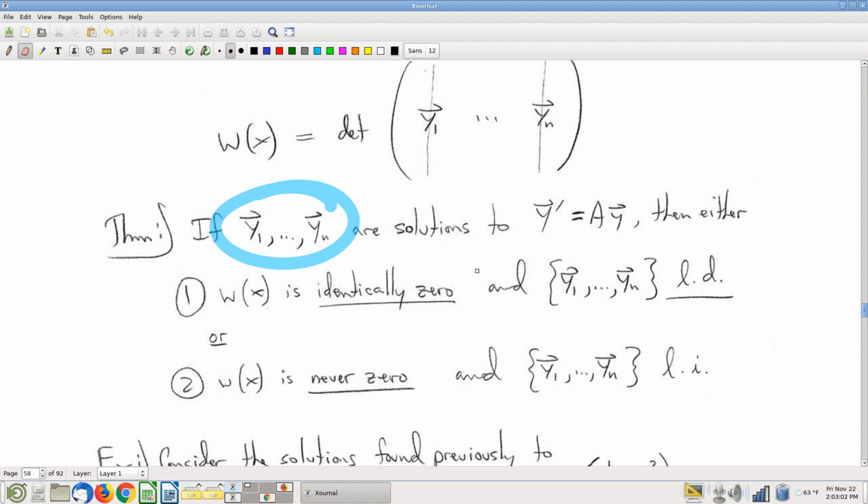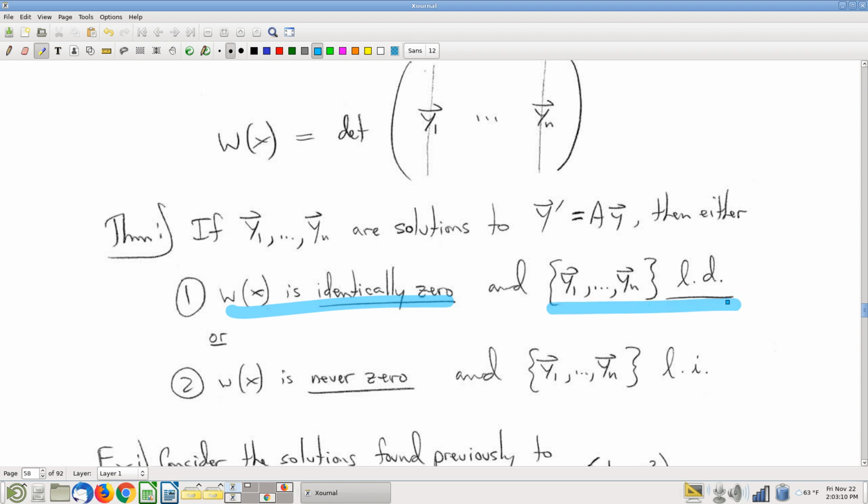There's 2 possibilities. This is just like it was back in Chapter 4. The wronskian might be identically 0, in which case dependent, or that wronskian might be never 0 and therefore independent. And these are the only 2 possibilities. You will never have a wronskian from solutions to one of these differential equations that is sometimes 0 and sometimes non-zero. It's just not possible.